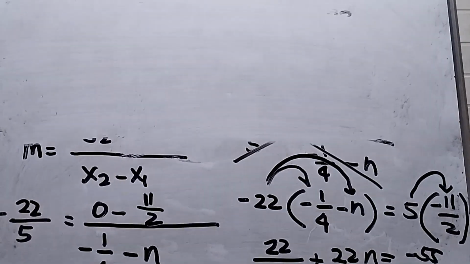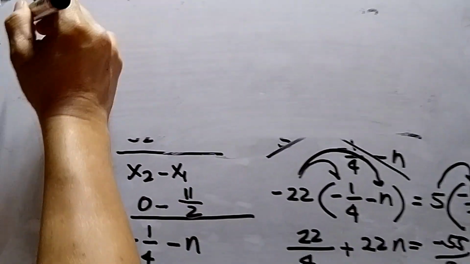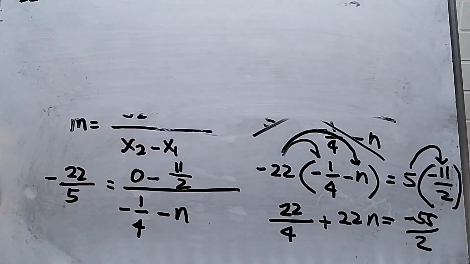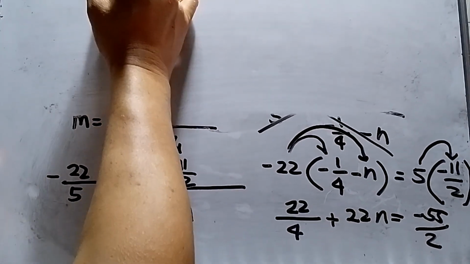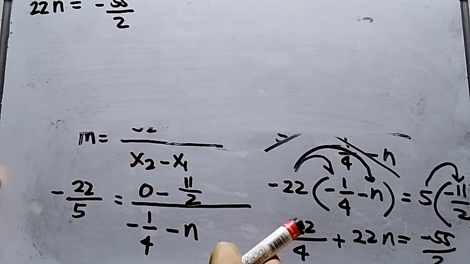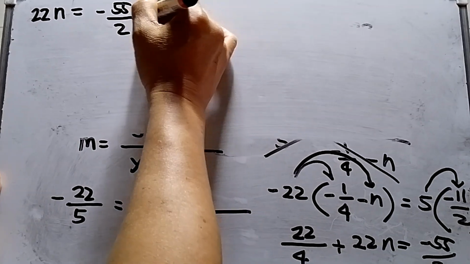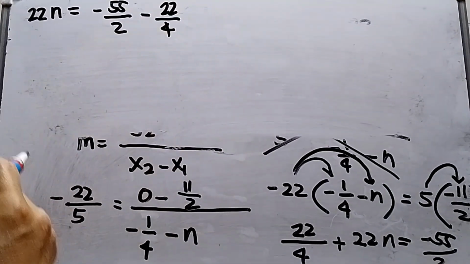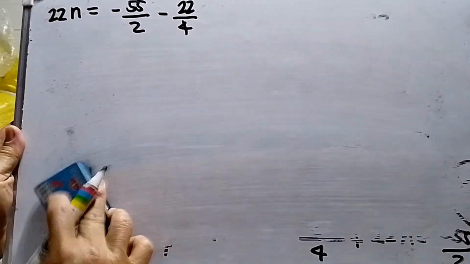So, to solve the value of n, I have here 22n is equal to negative 55 over 2. Then, since this is positive, transpose to the right, this will be negative 22 over 4. By the way, 22 over 4 can be reduced by dividing by 2.